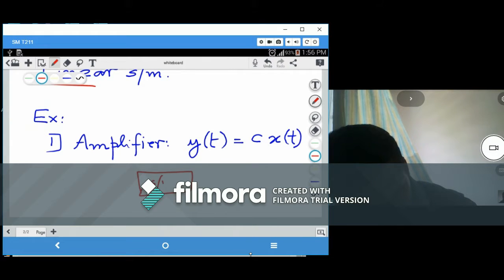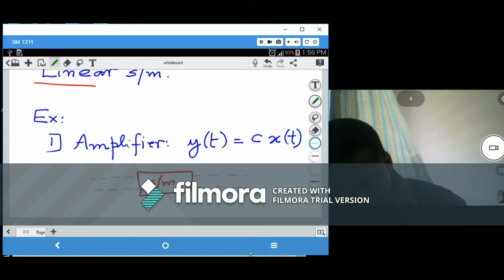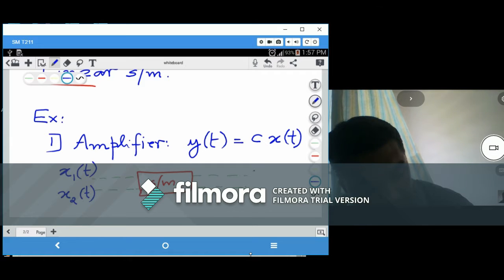So we have the system, and let me just denote a set of dashed lines. So let us consider two inputs, x1 of t and x2 of t, and their corresponding outputs, y1 of t and y2 of t.